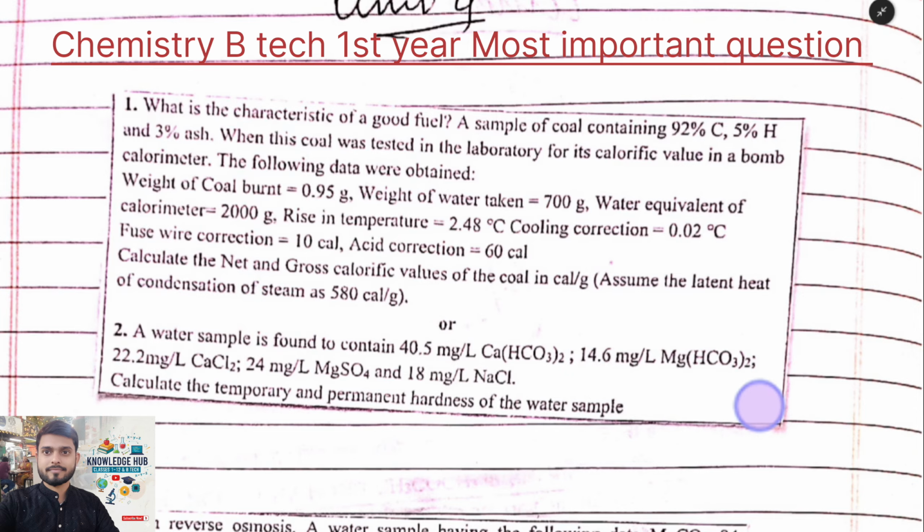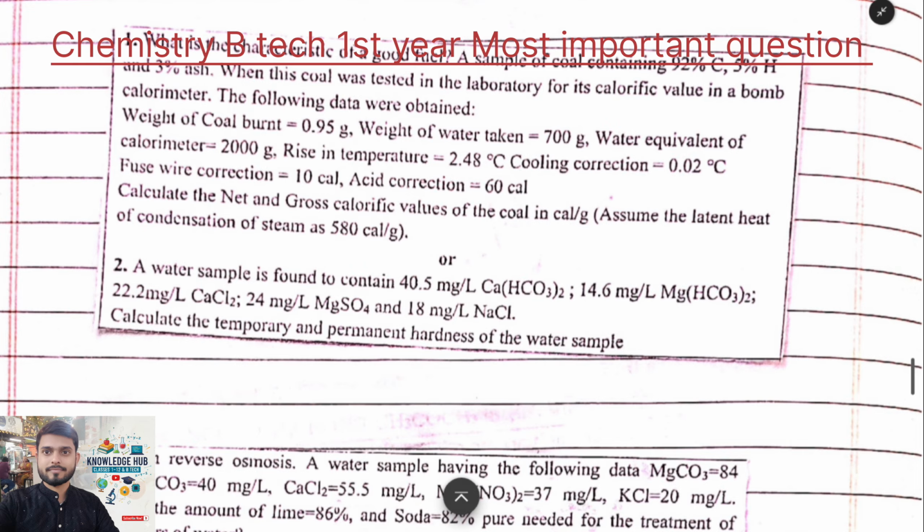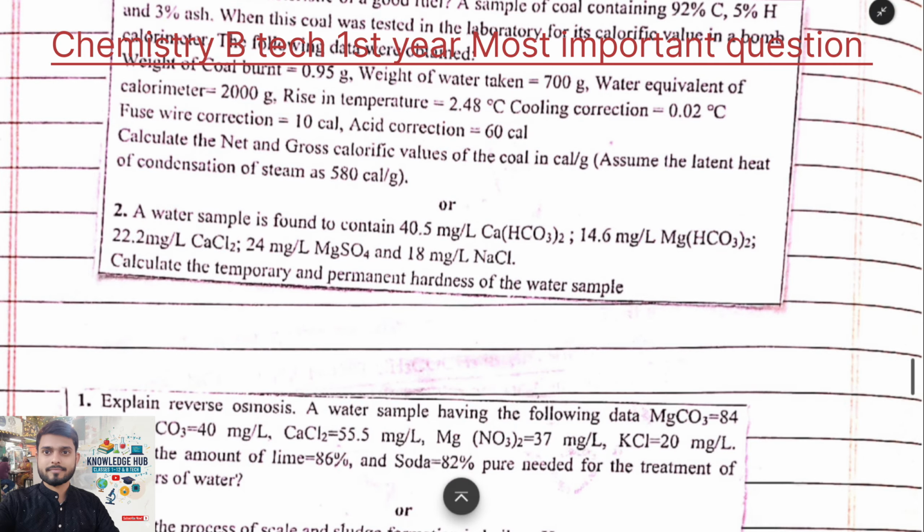Weight of coal 0.95 gram, weight of water taken 700 gram, water equivalent of calorimeter 2000 gram, rise of temperature 2.46, cooling correction 0.05, fuse wire correction 10 calories, acid correction. Calculate the net and gross calorific value of the coal in calorie per gram. Assume the latent heat of condensation of steam is 580 calorie per gram.